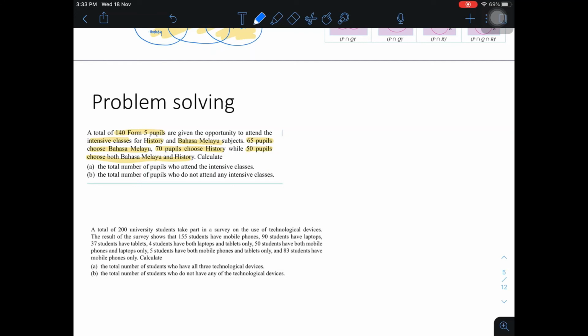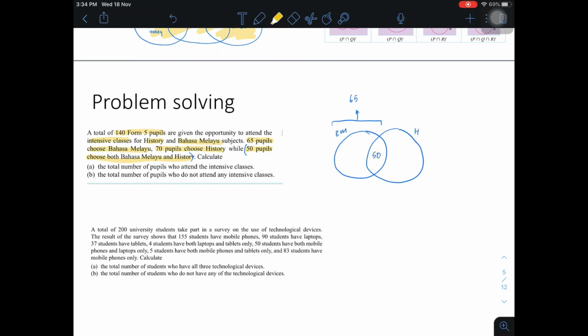So we understand from here that 50 pupils chose both Bahasa Melayu and history. So we did that, BM and history. So that would be 50 people here. And then 65 people choose Bahasa Melayu, meaning that this circle has 65. But do take note that 50 people did both Bahasa Melayu and history.